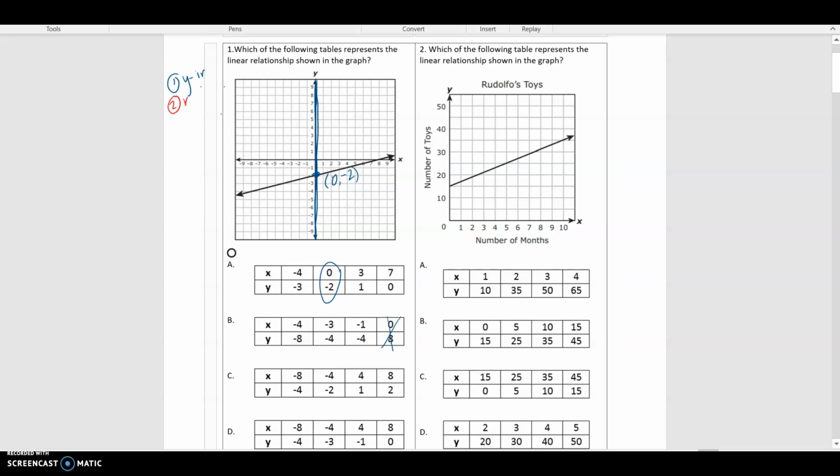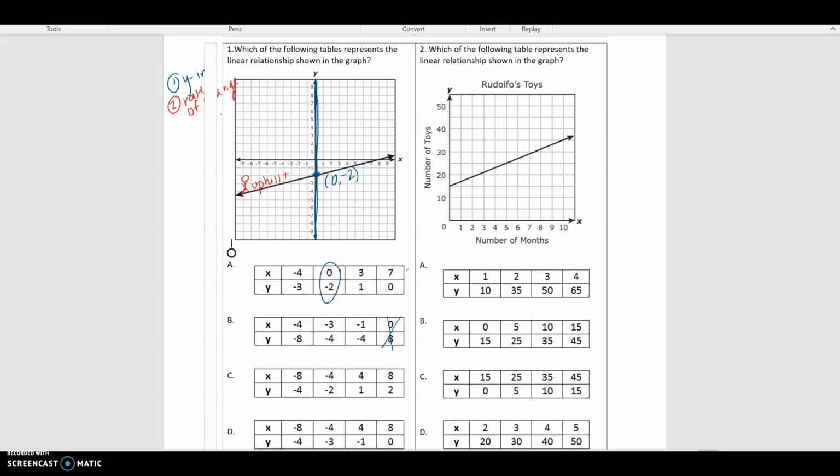Step 2 is, of course, our rate of change. So I'm going to draw a little Louis here. If Louis starts off on his adventure, he's walking uphill. So that means my rate of change is positive. As my x value is getting bigger, my y value is going up, it's getting bigger too.